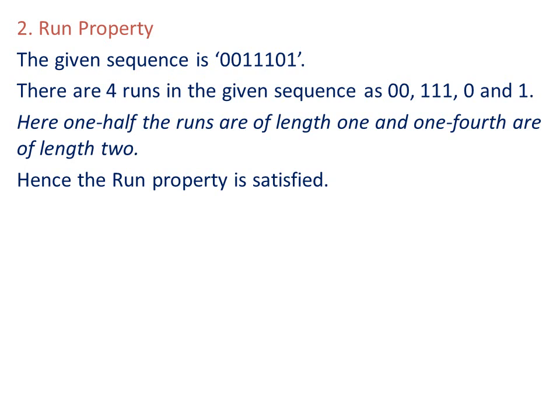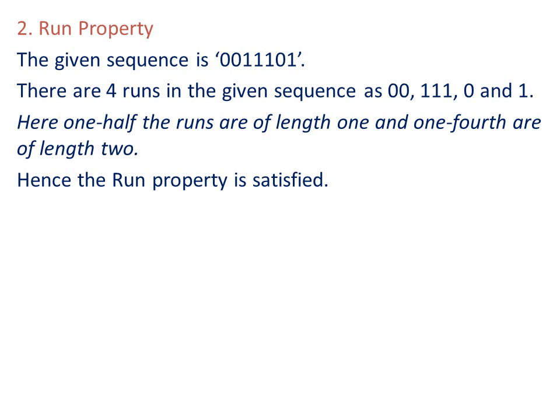Now let us check the run property. The given sequence is 0011101. As per the rule, there should be 4 runs, because L is 7 here, so M should be 3. The number of runs should be equal to 2 to the power M minus 1, sorry, 2 to the power 3 minus 1, that is 2 to the power 2, equal to 4.